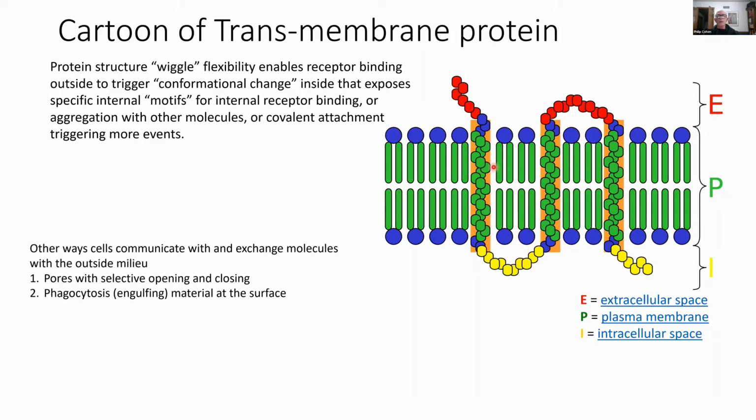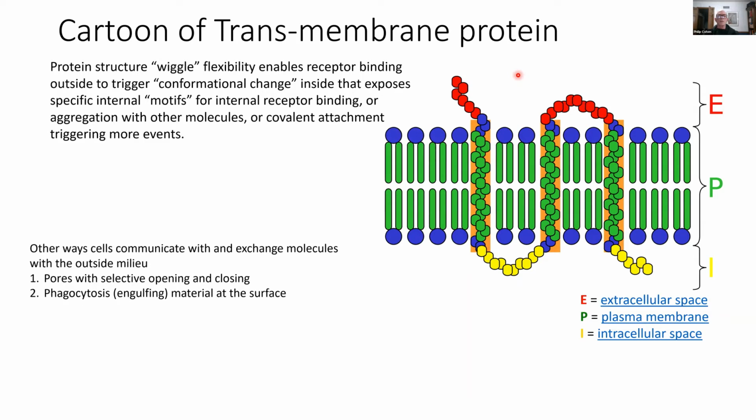Okay, so this is a cartoon of the cell membrane with the phospholipids. And then this is a protein molecule that is what's called a transmembrane protein, because its structure goes across the cell.